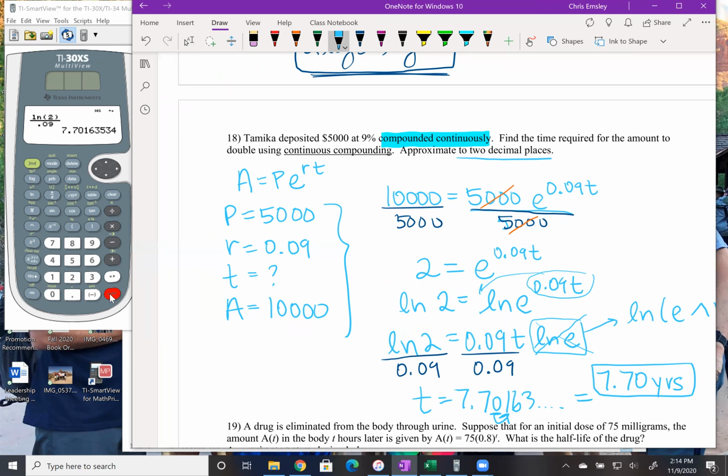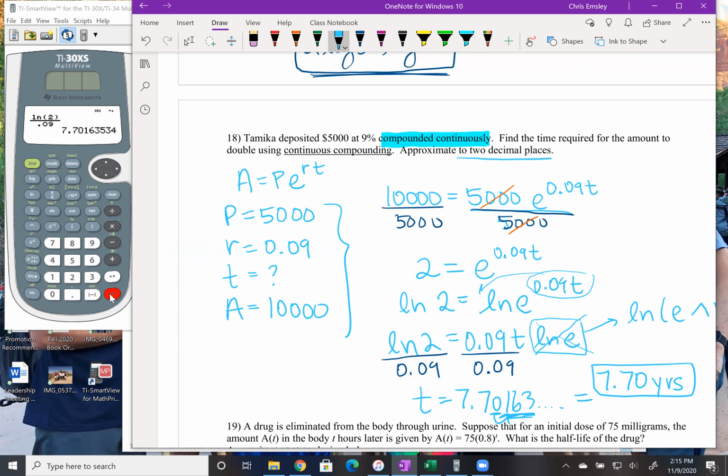Now that's an acceptable answer. There are some instructors, some textbooks that would want you to put a little bit more critical thinking into this and think, if it asked, find the amount of time required for the money to double. So if I call this 7.70, technically it's going to take a little bit more than 7.70 years for it to double, because it's not a decimal that just ends at 0.